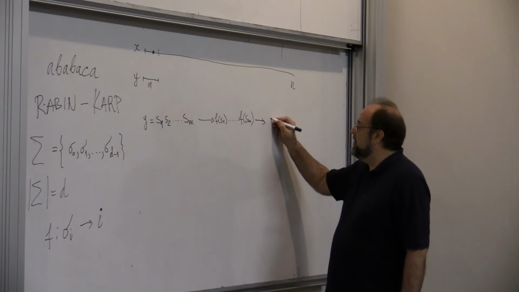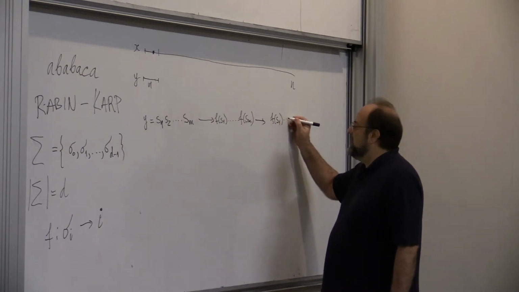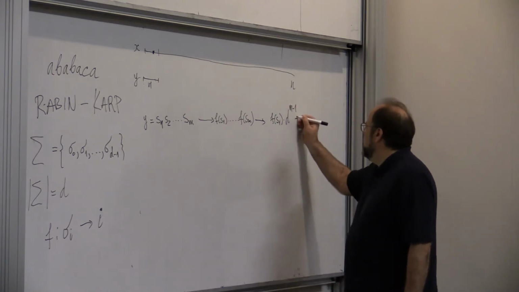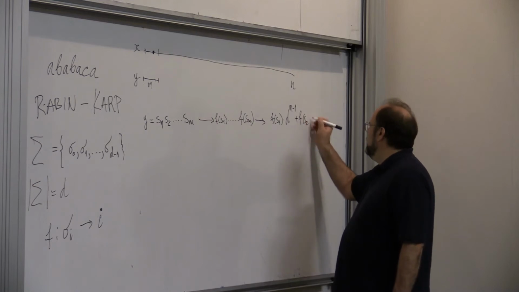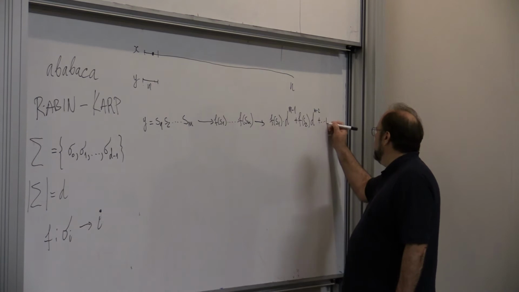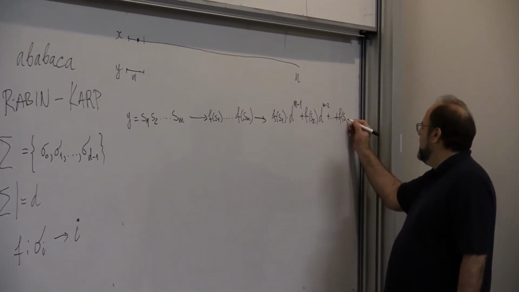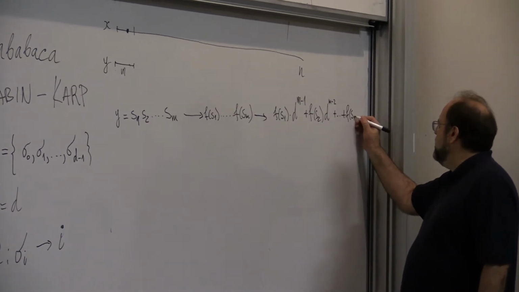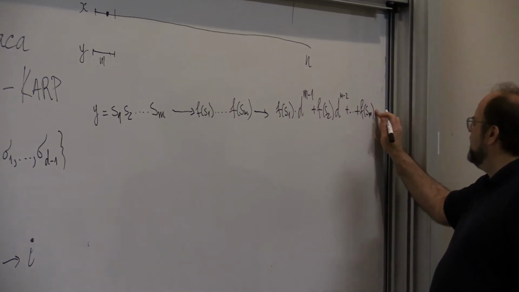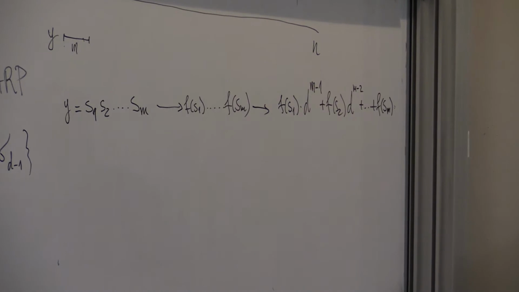I can have f of S1 times d to the m minus 1 plus f of S2 times d to the m minus 2 plus and so forth, f of Sm times d to the 0, which is just 1, right?